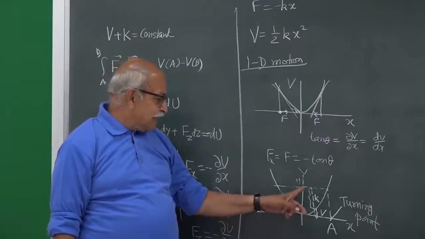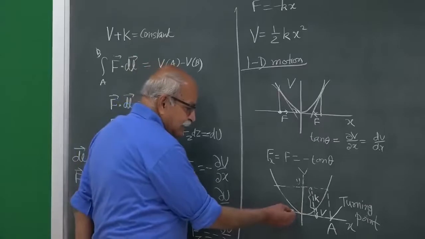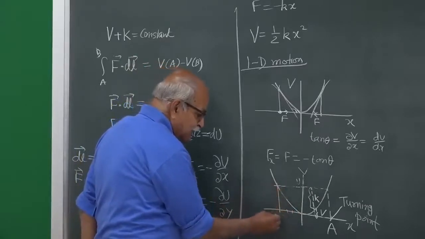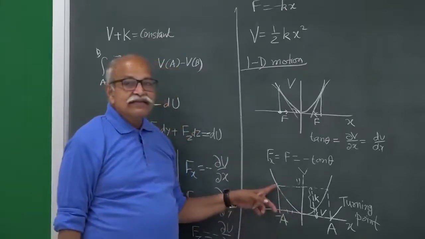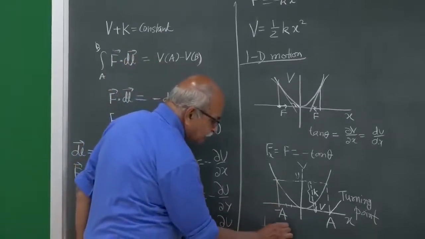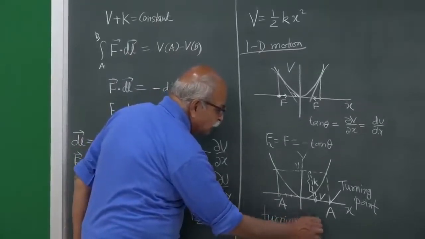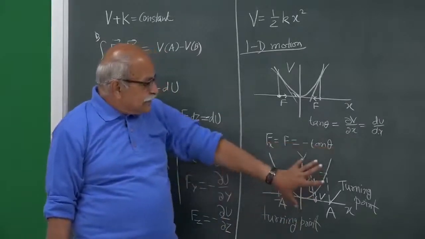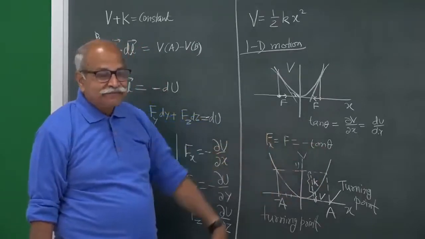But since it has kinetic energy, it keeps moving towards left, reaches somewhere here, then somewhere here, and finally at this place, which is minus a, once again the kinetic energy is 0. So, this is also a turning point. This kind of analysis you can do once you know the shape of the potential energy curve. Many of the qualitative features of the motion you can derive from this.